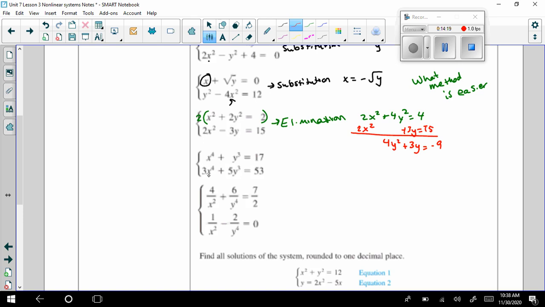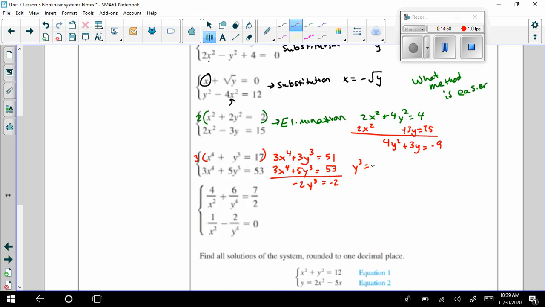Here, same thing, multiply through by 3 and get rid of your x's by subtracting. So 3x to the 4th plus 3y cubed is equal to 31, and 3x to the 4th plus 5y cubed is equal to 53. Remember, you can take the cubed root of a negative number. Well, we won't need to, but you could if you got that.